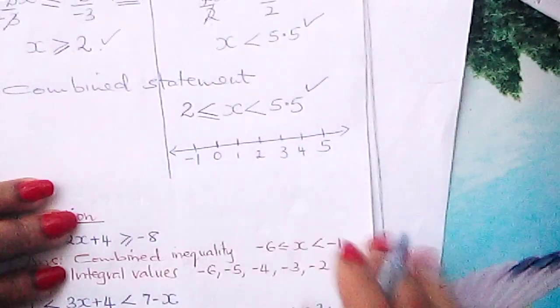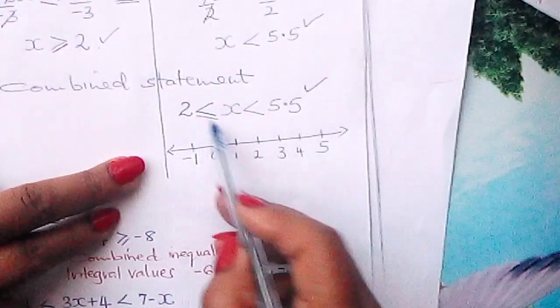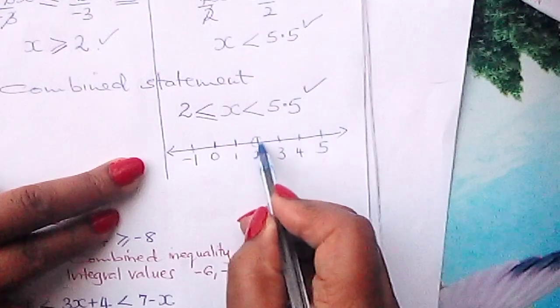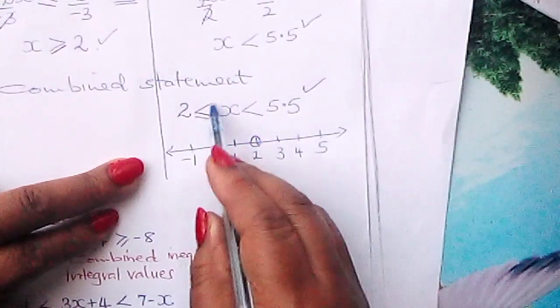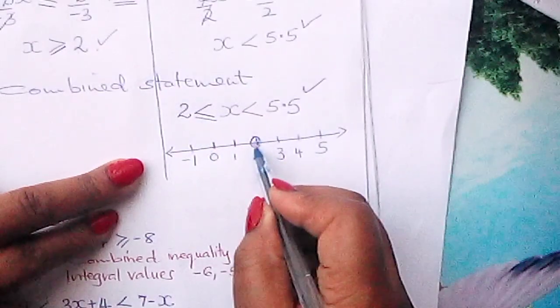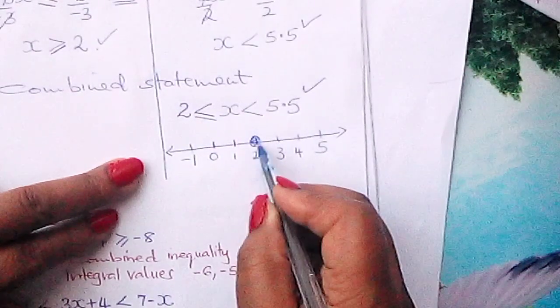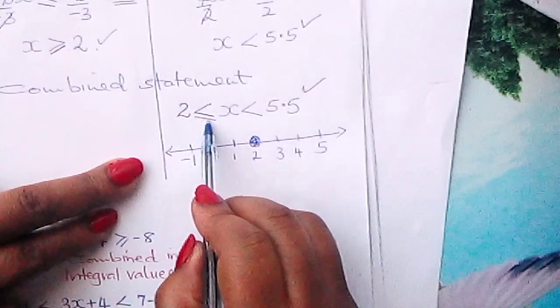Your x is greater than or equal to 2, so 2 is included. The lowest value of x is 2.